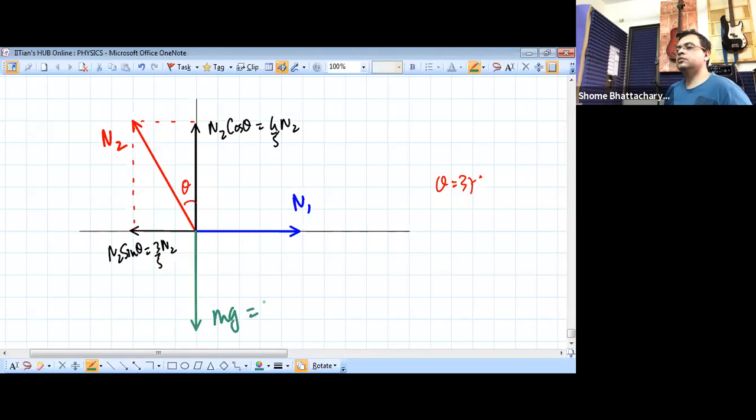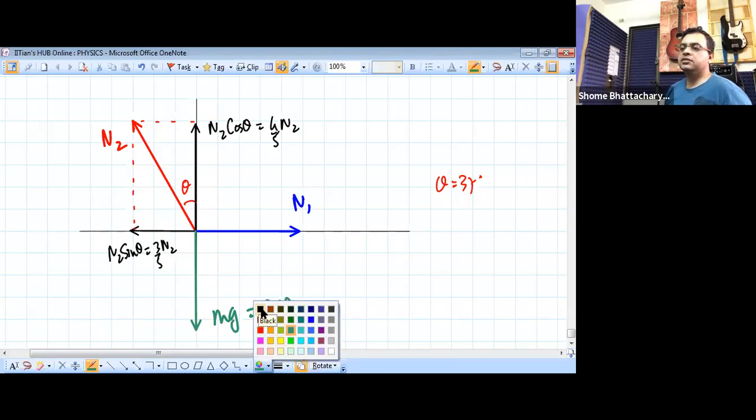And this is 200 newtons. See, the thing is, if I write in component algebra, yes, plus minus will come, but here the direction is already shown. So this is the magnitude of this component. So that's how much this.